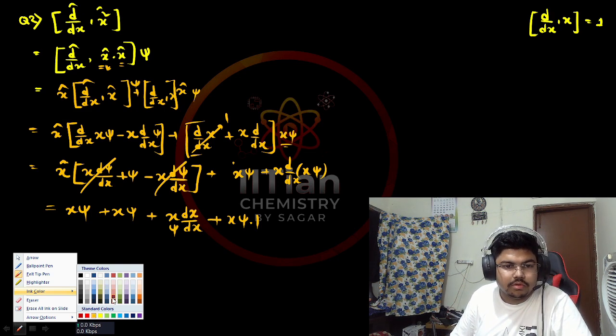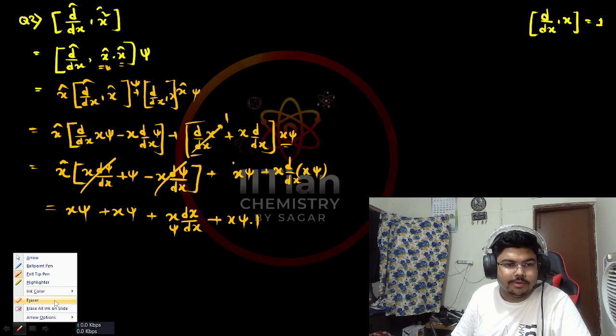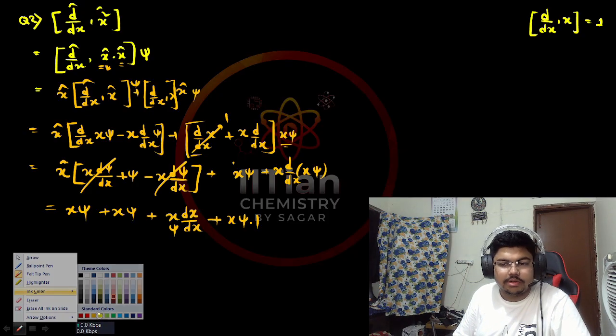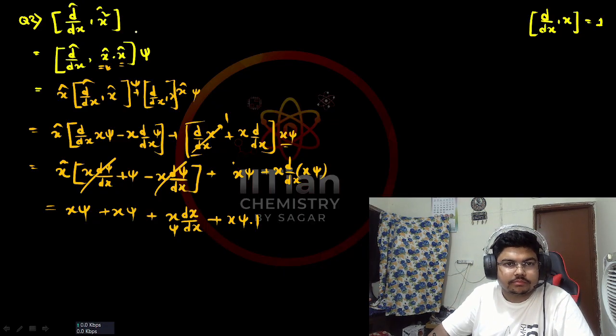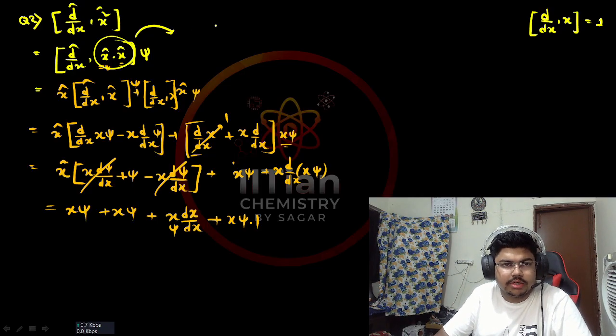What's wrong? This is the problem. If we just, let's say, these two are the same operator, x square. So you can write it as d/dx x square minus x square d/dx.